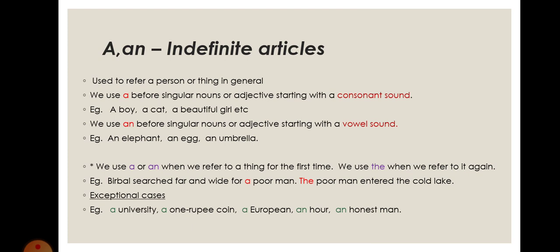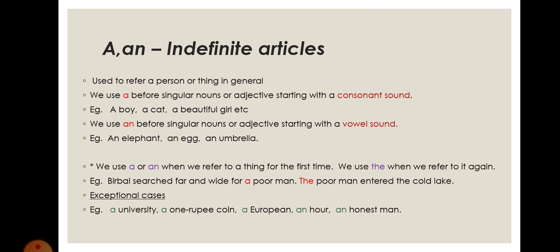So which are the vowel sounds? A, E, I, O, U. These are the vowel alphabets, and their sounds are known as the vowel sounds. The other alphabets, except the vowel alphabets, are called consonants, and their sounds are called consonant sounds.